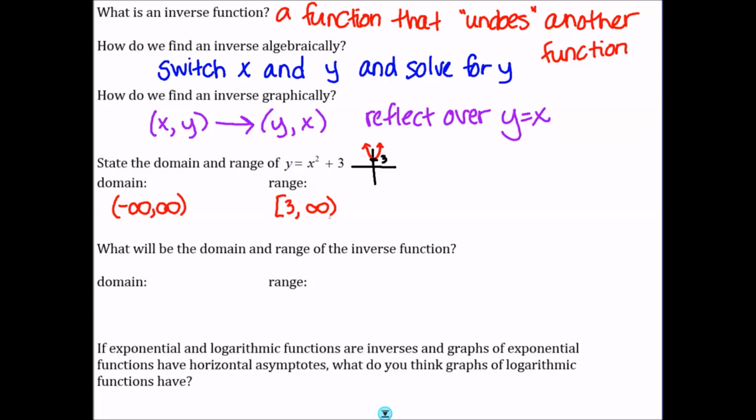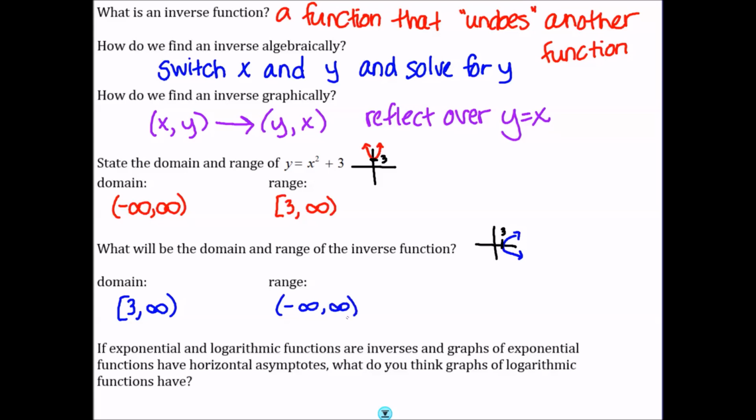If we look at the domain and range of the inverse of this function, if we reflect it over the line y equals x, it would be a parabola on its side. The domain of this graph would be 3 to infinity, and the range would be negative infinity to infinity.